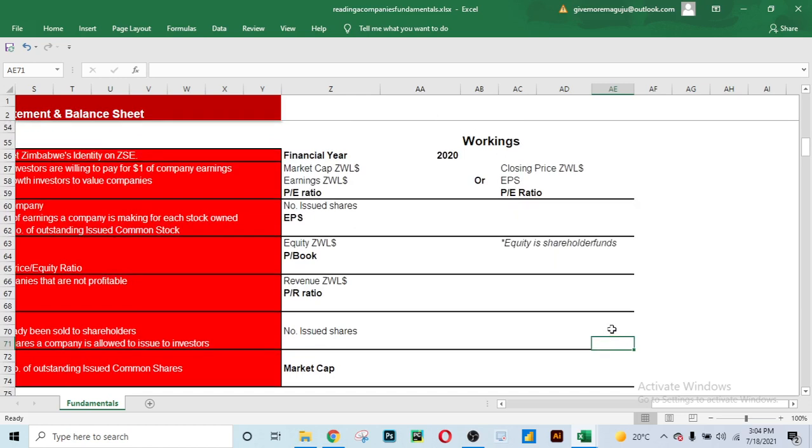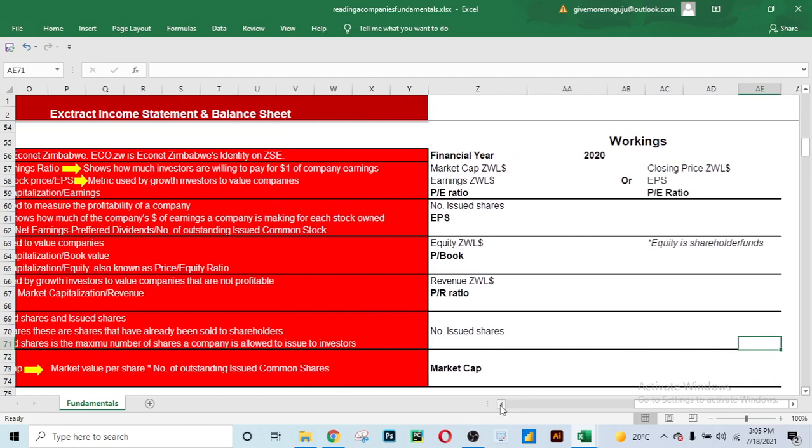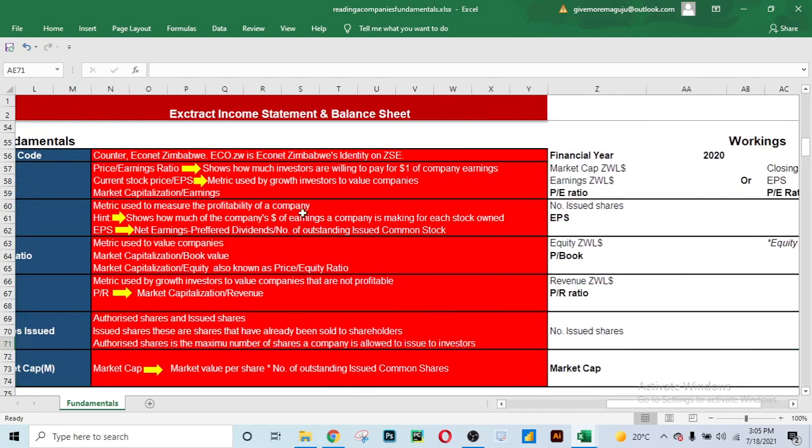Right, so we want to start by calculating the PE ratio, okay? Like I said in the previous section, we looked at different formats of the formula to calculate the price earnings ratio, right?